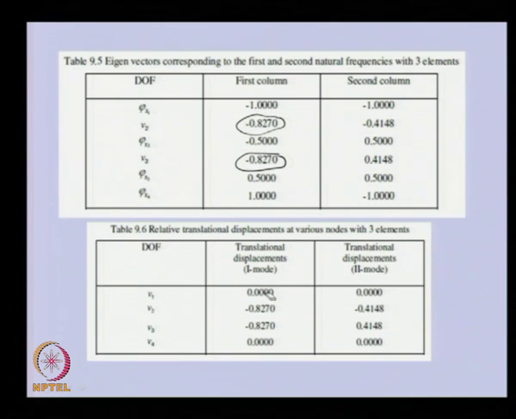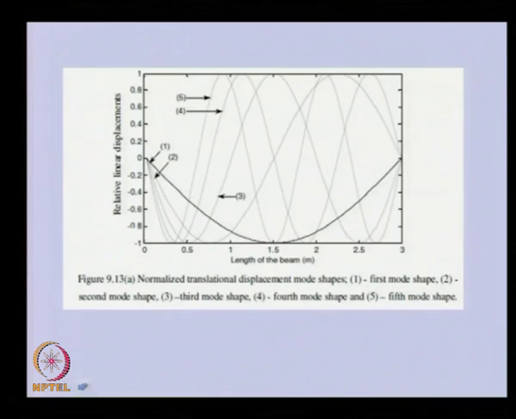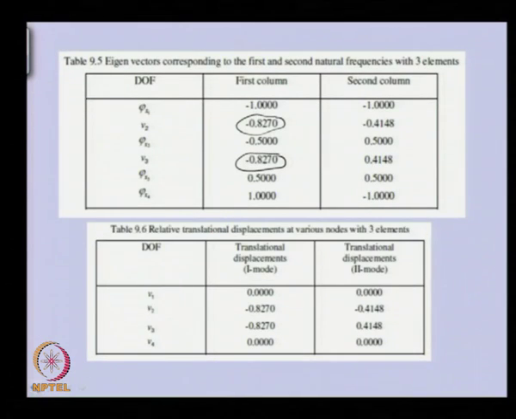Now you can see that for 3 elements only 4 nodal displacement values are there, and with this, if we plot the mode shape, we may not get that much accuracy. But if we want to plot it, we see that at nodes 1 and 4 it is 0, and for nodes 2 and 3 there is some value.